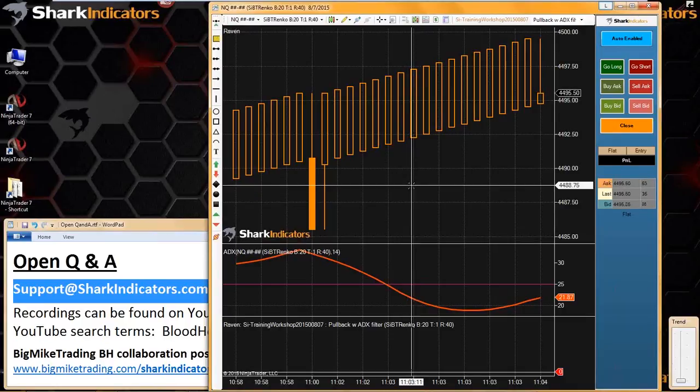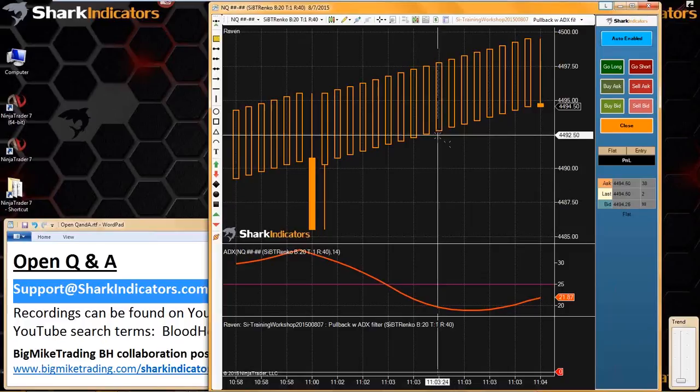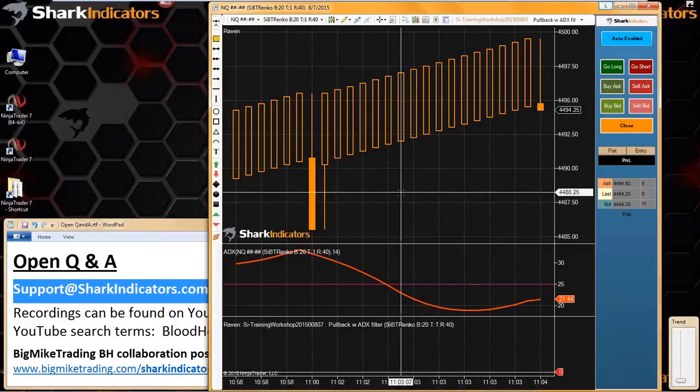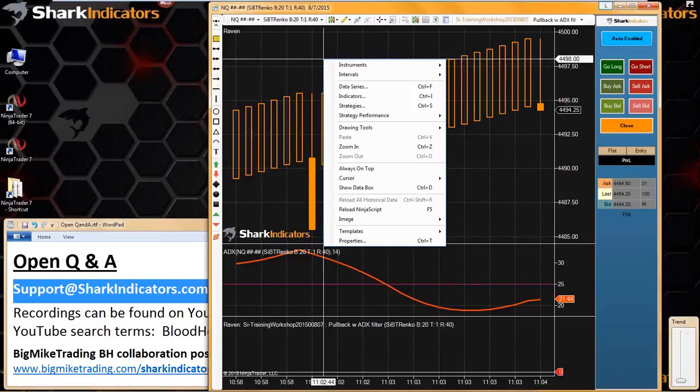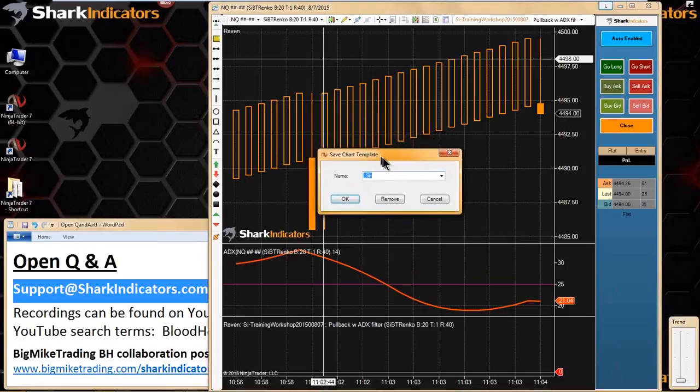So I'll take this opportunity to fill you in on some of NinjaTrader's can and can't things. From time to time I get people asking me, as I set them up with Raven and show them how to use Raven, they say, well, okay, can I just save this in a chart template to load this all up again?